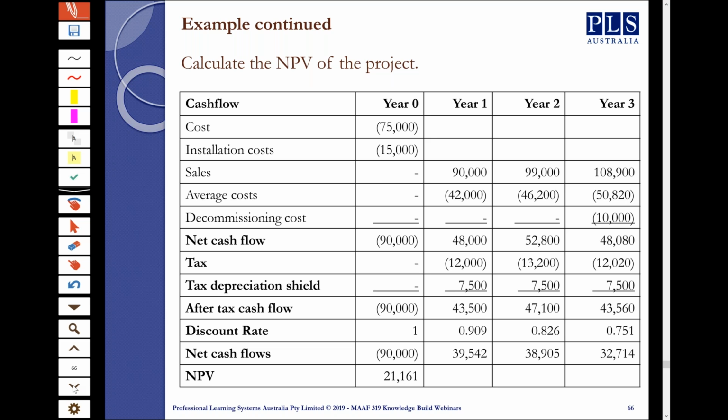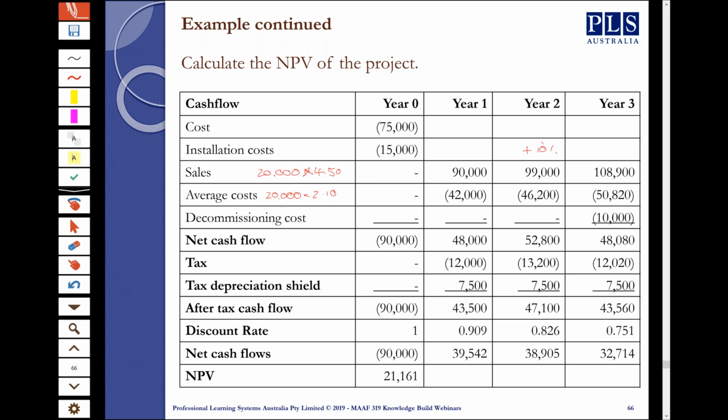You'll find that my sales are based initially at the 20,000 by the $4.50. But then I've got my 10% increase each year. My costs would be the 20,000 by the $2.10. Again, I've got my increase 10% each year. Bring it down to my net cash flows.